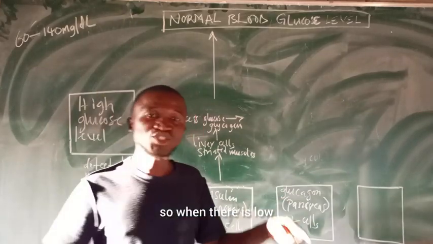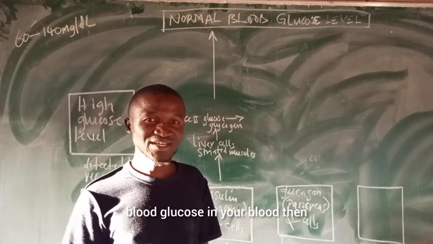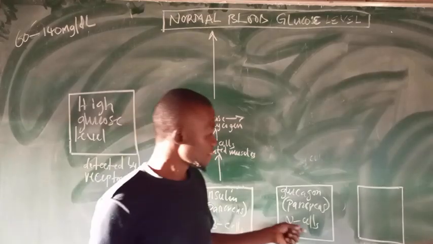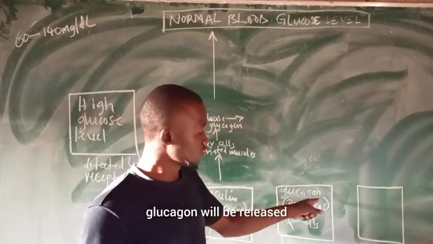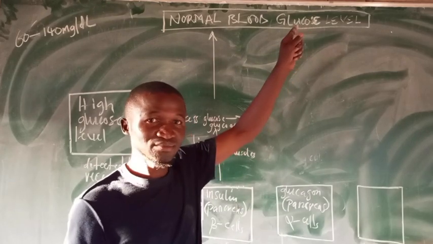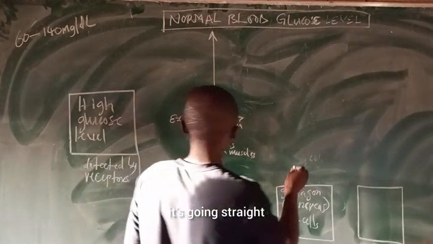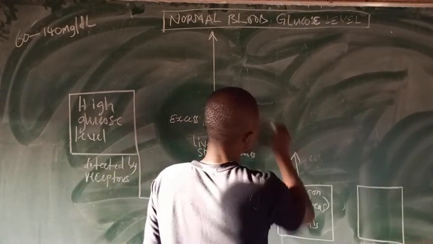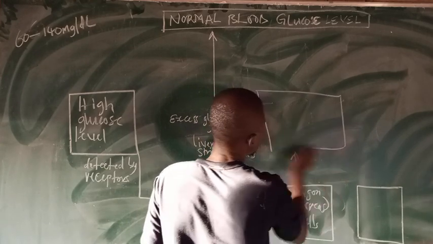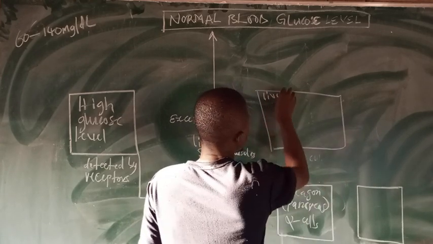So when there is low glucose in your blood, glucagon will be released. And now when this glucagon is released, it's going straight to the liver.